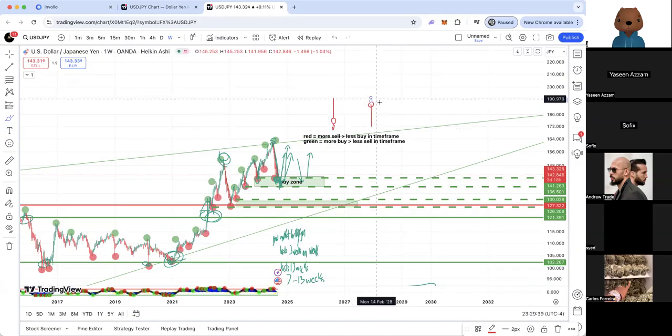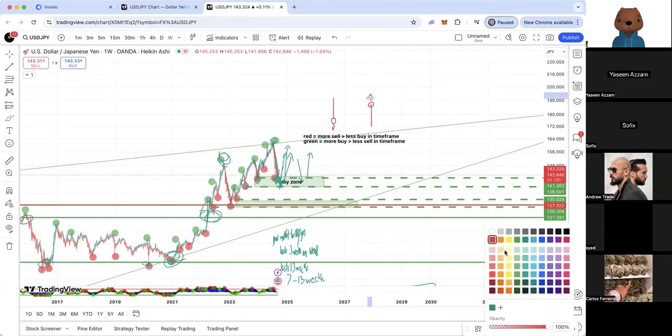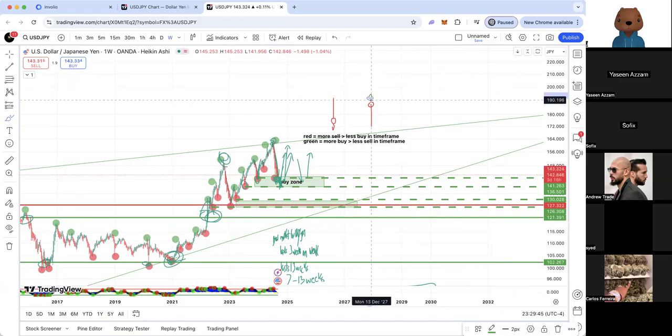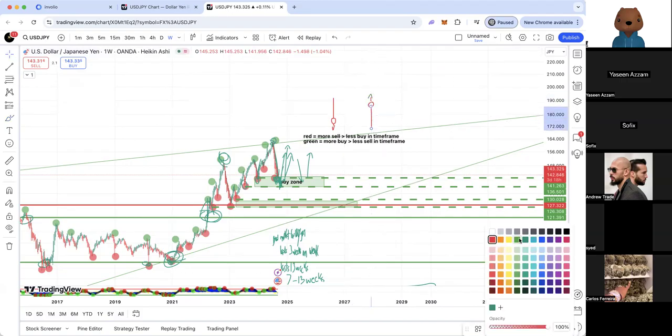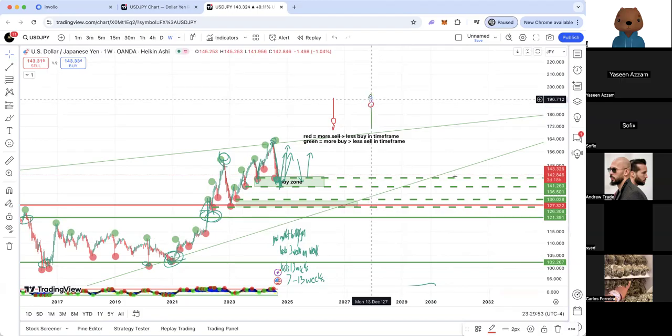I could use it to smack things. This is a hammer candle. We're going to make it in green. So two very important candle shapes are the shooting star and the hammer. I'm serious, guys. These are real terms. I didn't make those up.